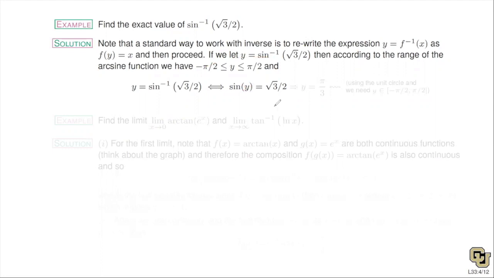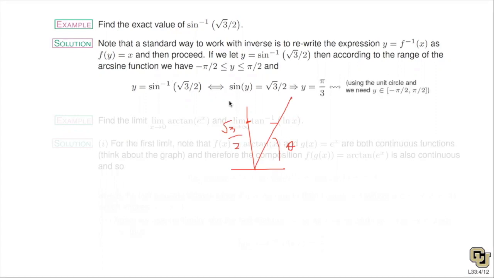But this is now just a trig problem. I'm trying to figure out for which angle theta the y coordinate is root 3 over 2. If you think about your unit circle, it's going to be 60 degrees. The bigger angle gives us the higher y value there. And so here it's pi over 3.